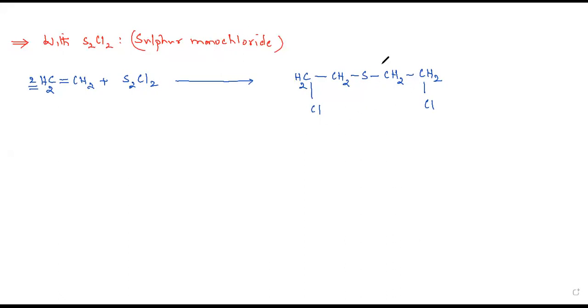You know, this is alpha, this is beta. For differentiation, let this be alpha dash and this be beta dash. Okay. Now the name of this compound. It is beta beta dash dichloro.